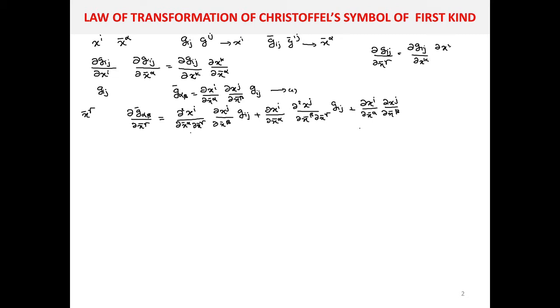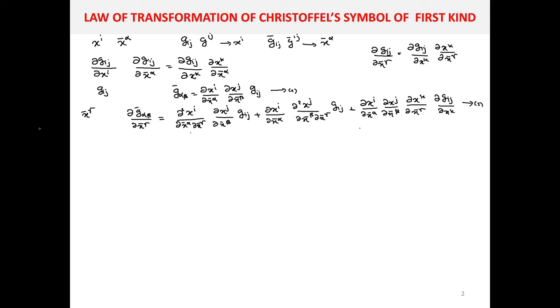Then this dou x^k divided by dou x bar gamma. So when you rearrange this equation, what you will get is dou x^k by dou x bar gamma into dou g_ij by dou x^k. Let it be equation number 2.